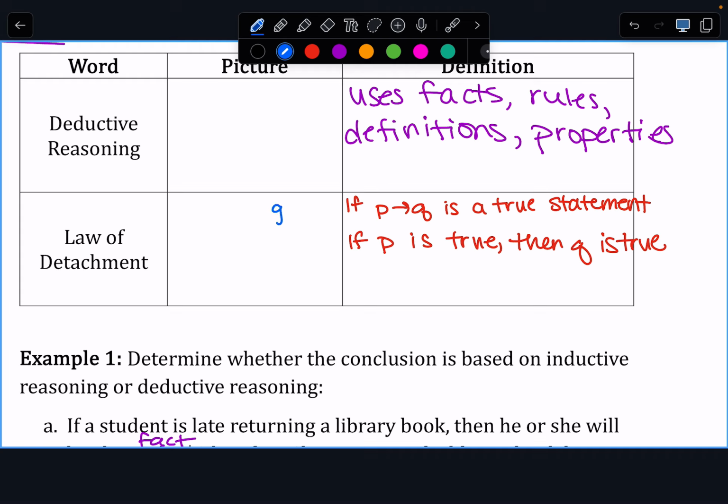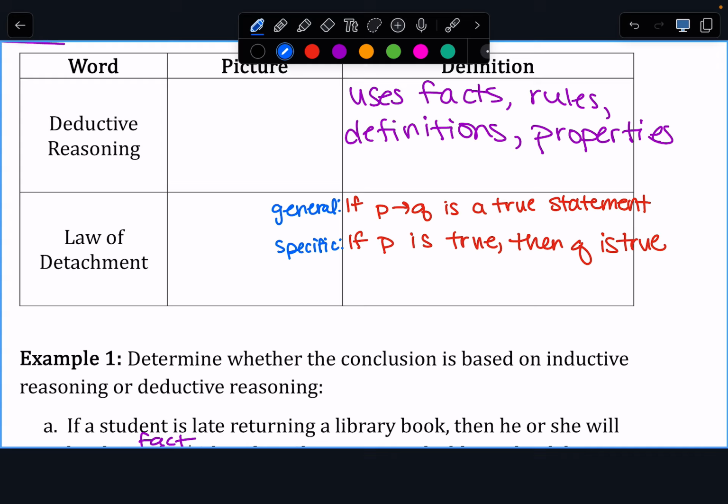So this is a general statement, then we're going to get specific, okay? We're going to talk specifically about something happening to a person or an item or whatever. If we have this statement, P implies Q, and we know something specific about P, then we can conclude that specific conclusion Q.